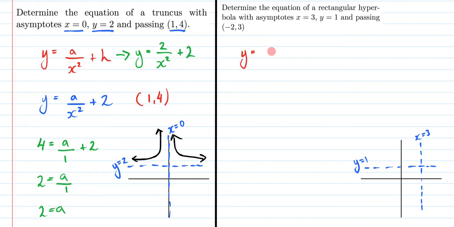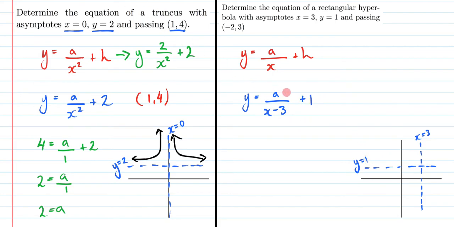It's going to be a over x and then plus something. I know it's been translated horizontally, which means, if we remember, I'm going to have a minus 3 because it's going in the right hand direction, and it's going 1 up, so it's going to be plus 1.